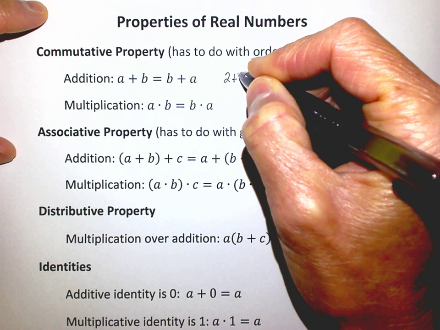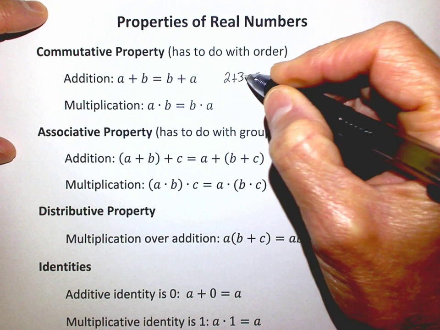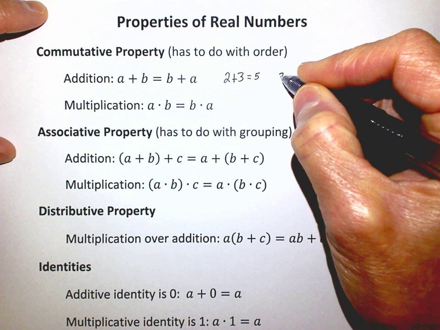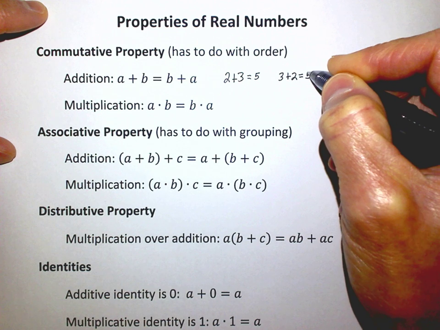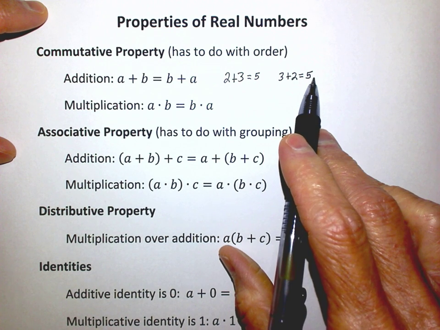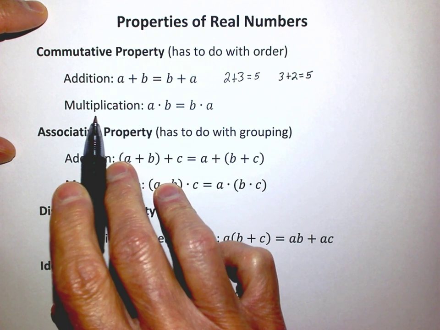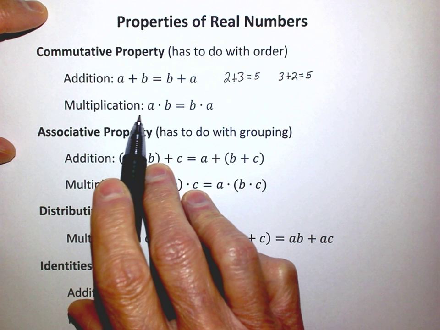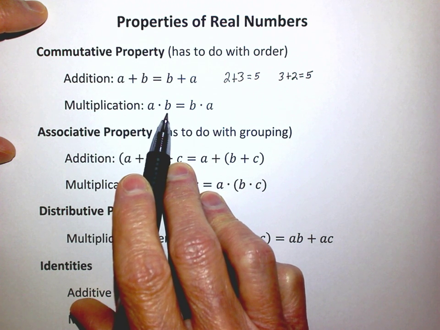2 plus 3 equals 5. If I switch the order, 3 plus 2, I still get 5. So changing the order of the numbers does not change the result. And then there's the commutative property for multiplication, which says that we can multiply in any order and still get the same result.